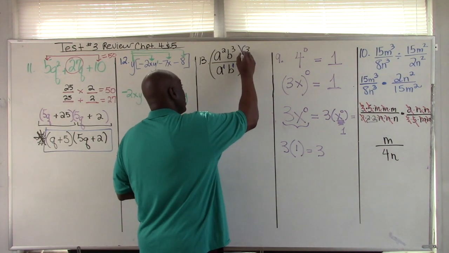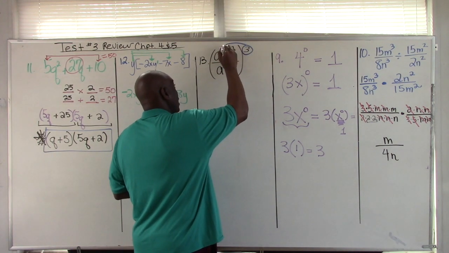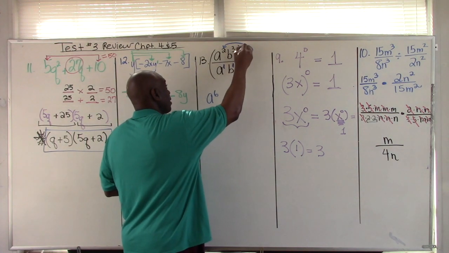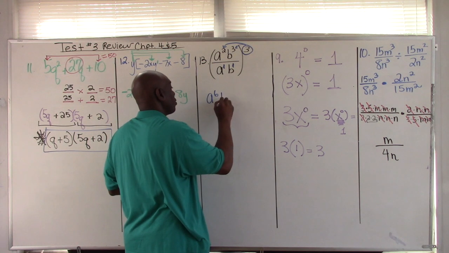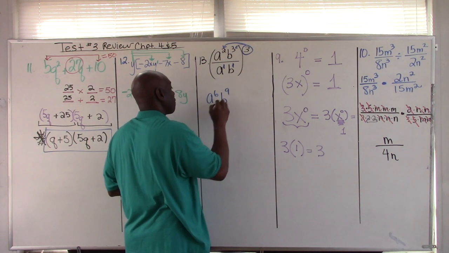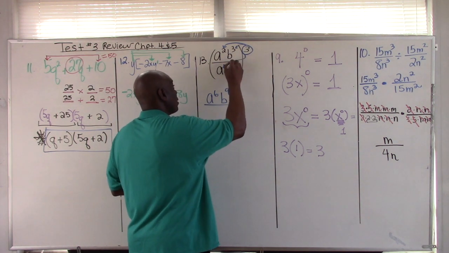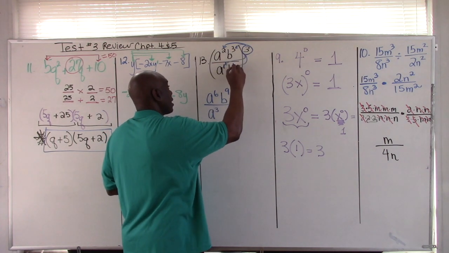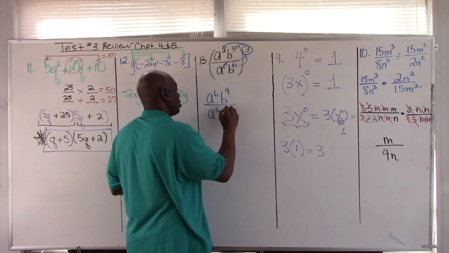So I'm going to take 3 and multiply it first times 2. That's going to give me a power 6. And then 3 times 3, which is b to the 9th, over 3 times 1, a cubed, and then 3 times 1 is b cubed.